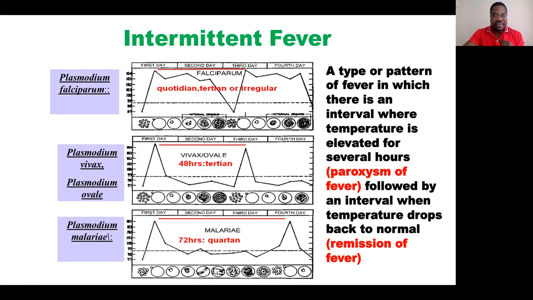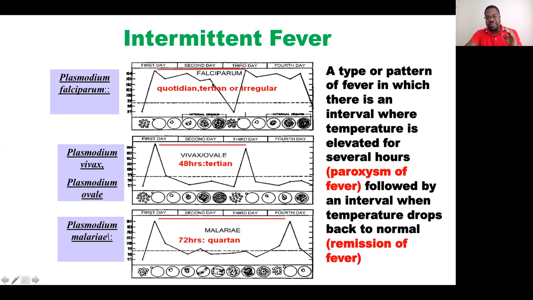But the most dangerous of those Plasmodium species is Plasmodium falciparum. Plasmodium falciparum will give you an intermittent fever pattern that might be irregular. Sometimes it looks like the fever is continuous. You see here, you have an increase in the temperature, you reach the plateau, then it looks like the fever remains there, a bit continuous, until the 2nd day.